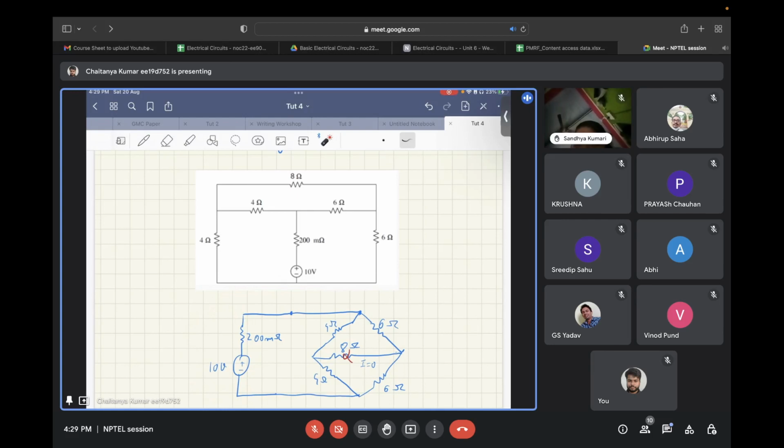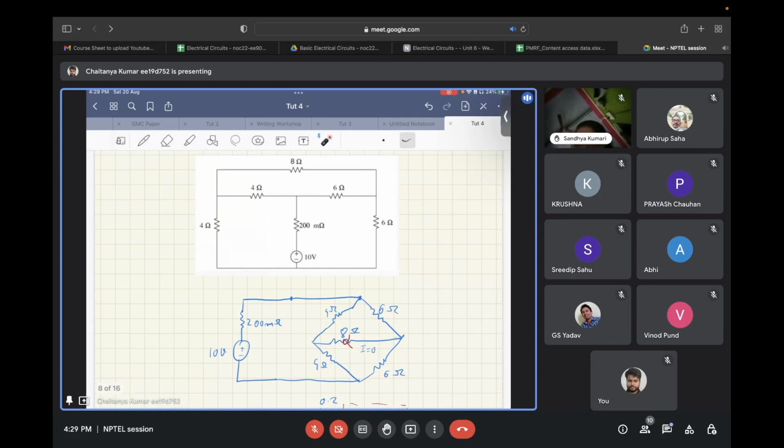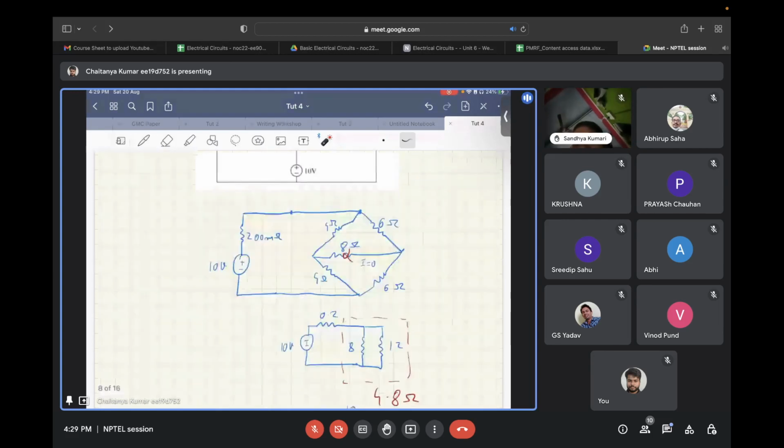So you will get a Wheatstone bridge kind of structure, with 6 ohms, 6 ohms, and 4 ohms, 4 ohms. So these two voltages will become the same, and since these two voltages are the same, this resistor can be ignored as the current flowing through it will be zero.